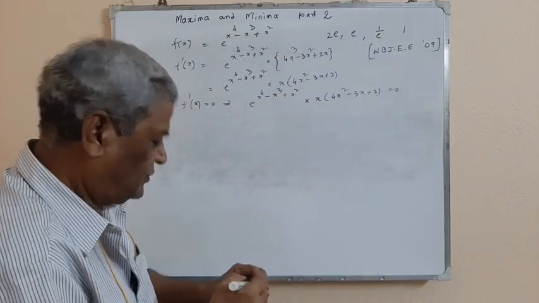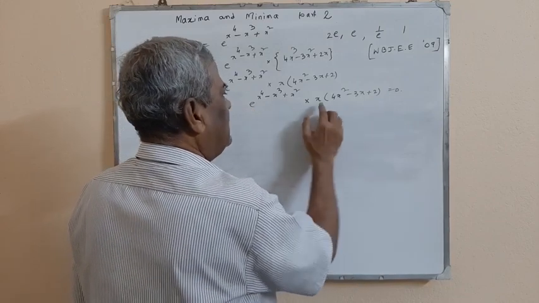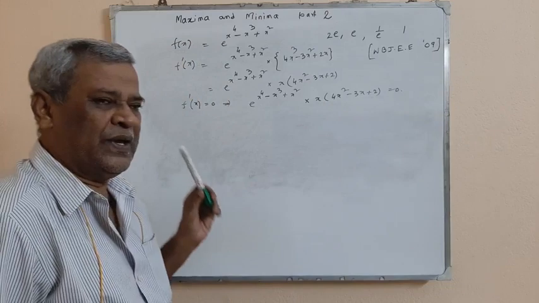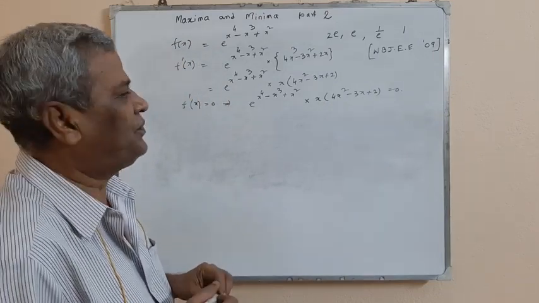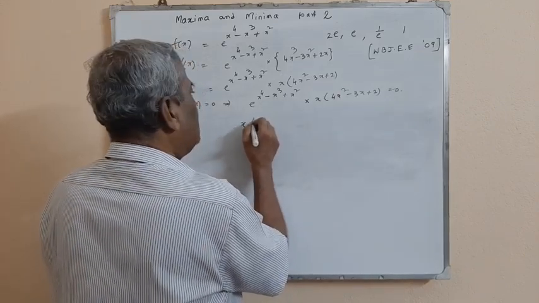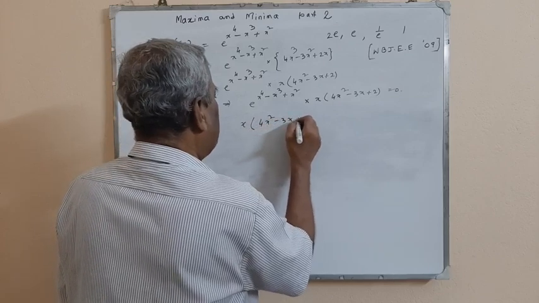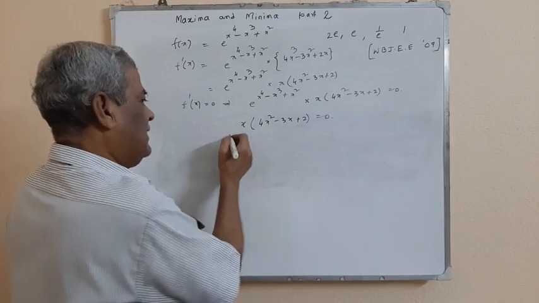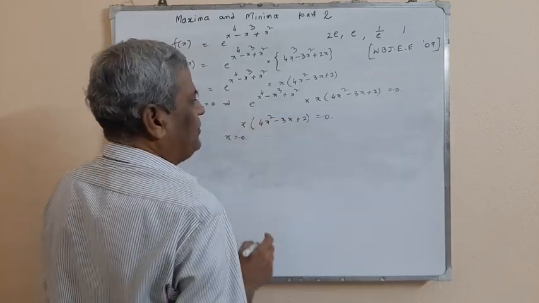So it has three factors. Now this cannot be 0. An exponential function in a finite range cannot be 0. So the only possibility is that x into 4x square minus 3x plus 2 is equal to 0. Either x is equal to 0 or this is equal to 0.